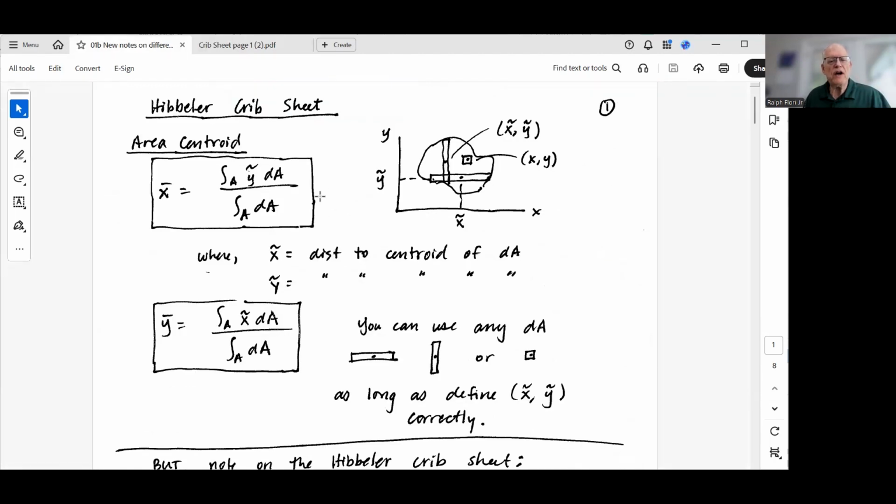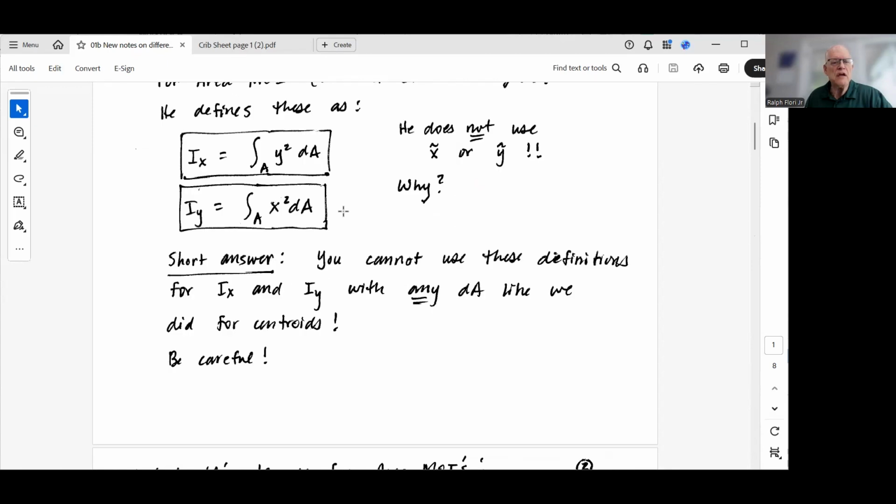So again, for centroids, you can choose any of three dAs. You can choose a dA that's like dx dy or dy dx. You can choose a horizontal dA, or you can choose a vertical dA. And all three worked as long as you chose the correct x tilde or y tilde to the centroid of the dA. They all three worked. So again, why does Hibbler use these definitions without x tilde and without y tilde?